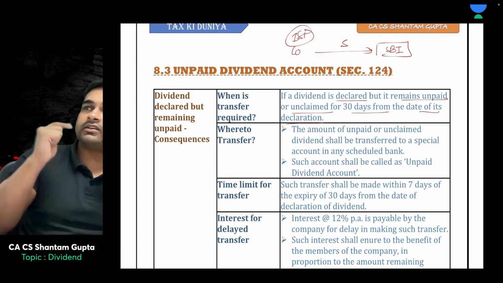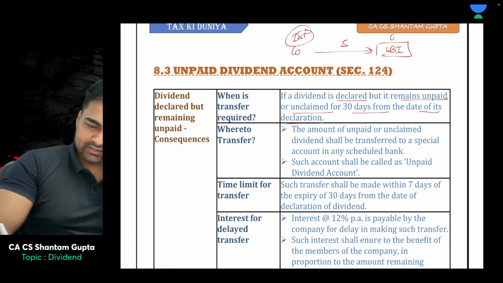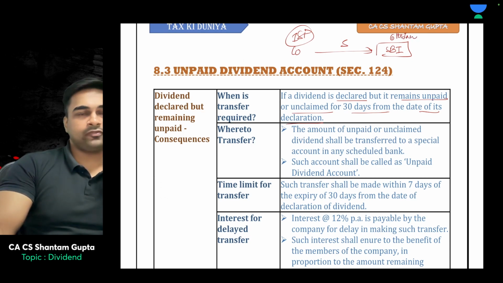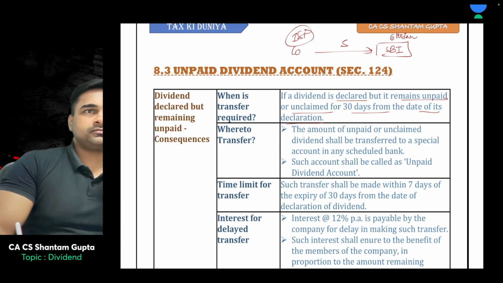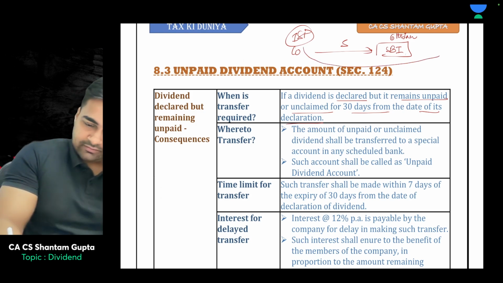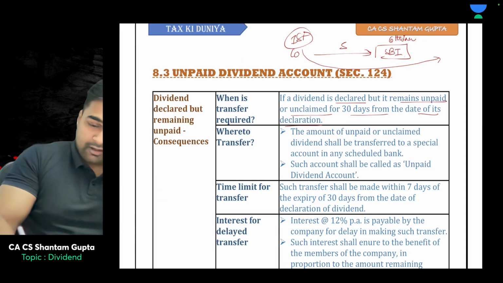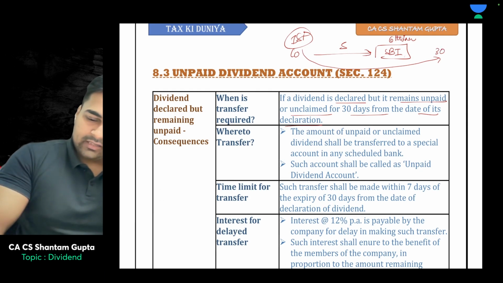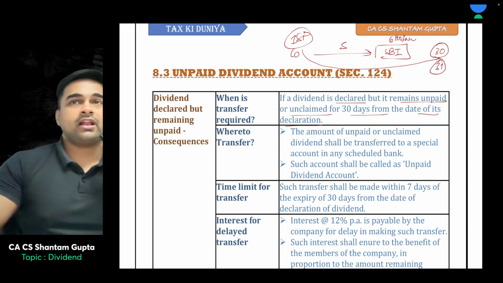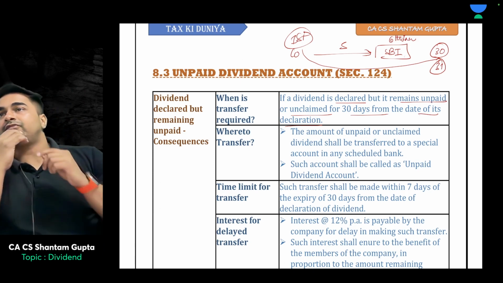So leave 5 days, 6th of Jan, it goes to SBI, State Bank of India. From 1st January, 30 days is 31st Jan. And nobody has claimed dividend from that account.